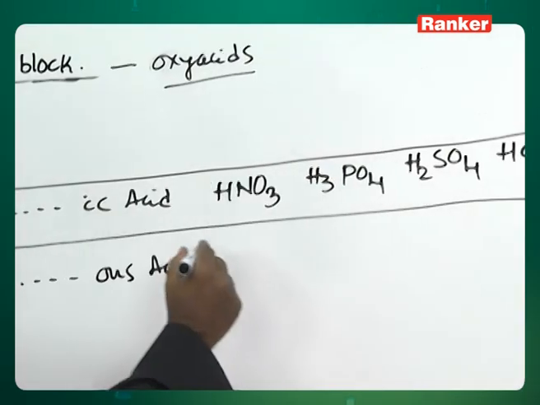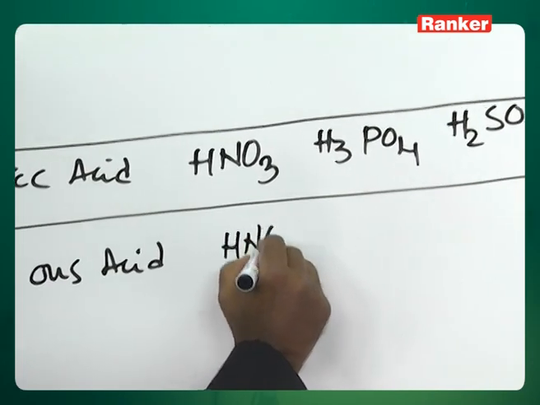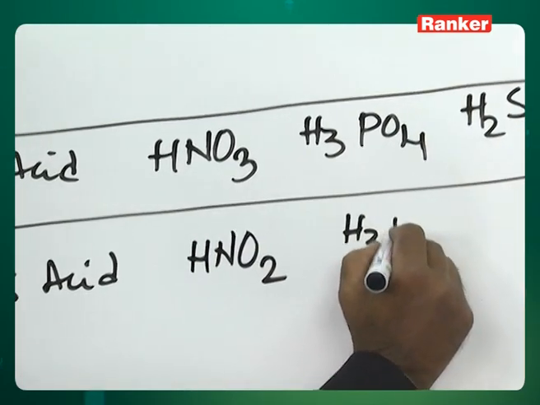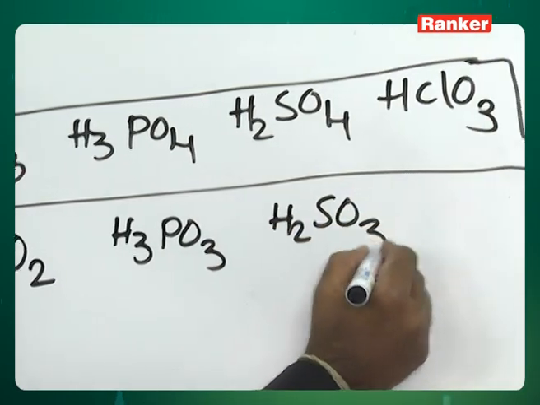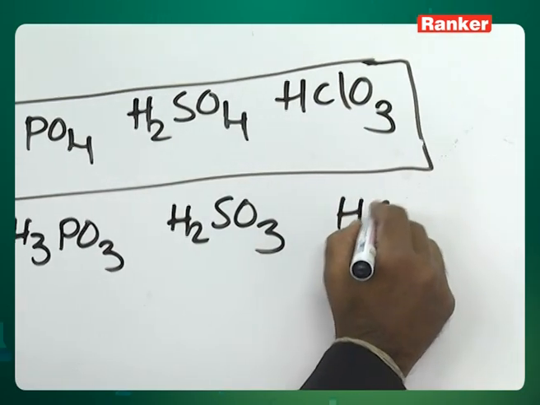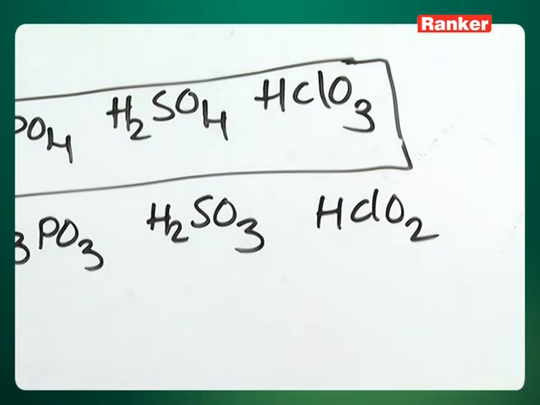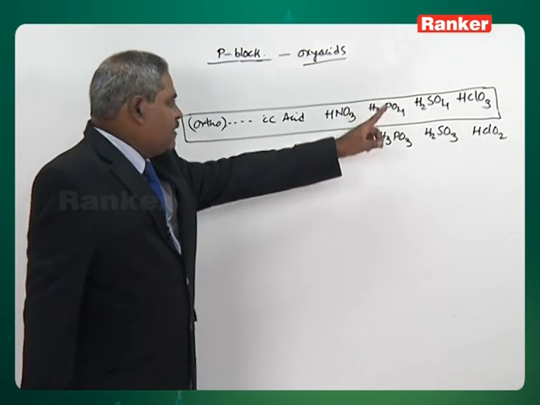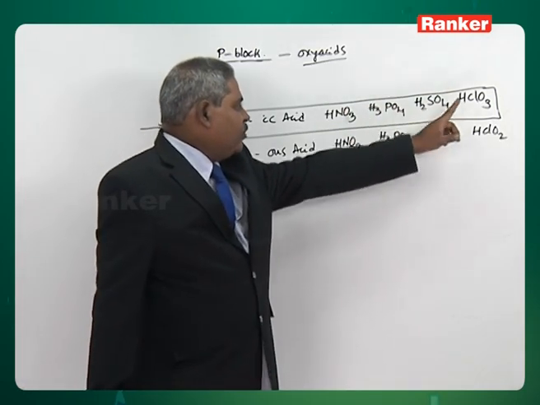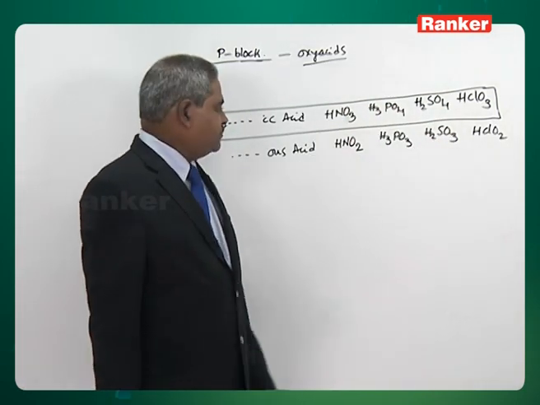HNO3, HNO2, H3PO3, H2SO3, HClO2. Look at it once again. Nitric, nitrous, phosphoric, phosphorus, sulfuric, sulfurous, chloric, chlorus. Ic, us.